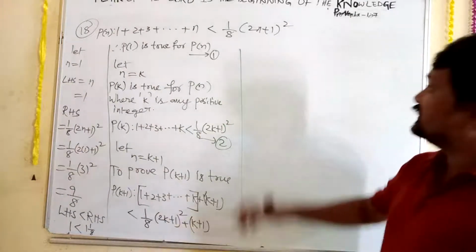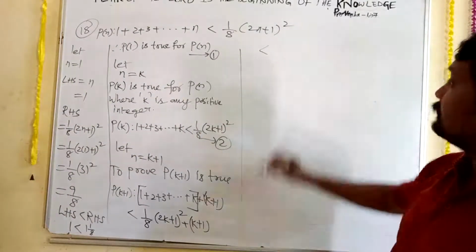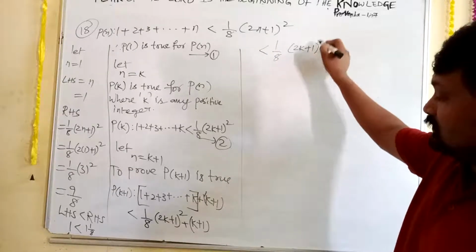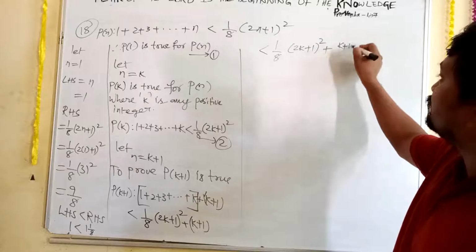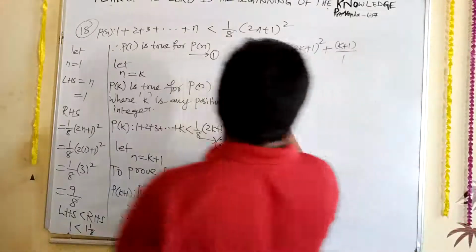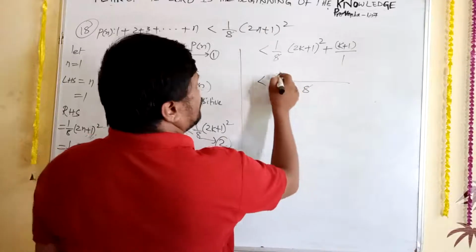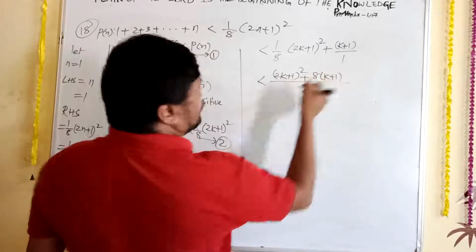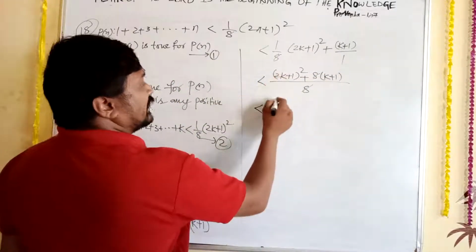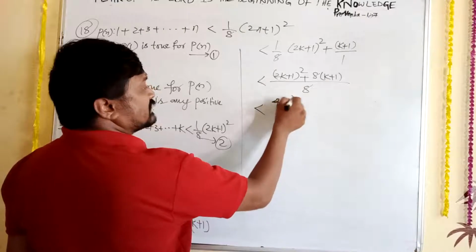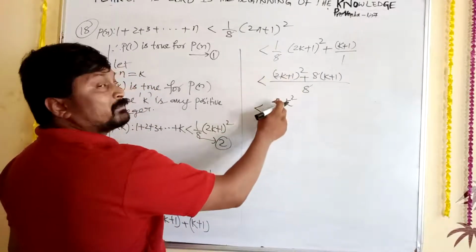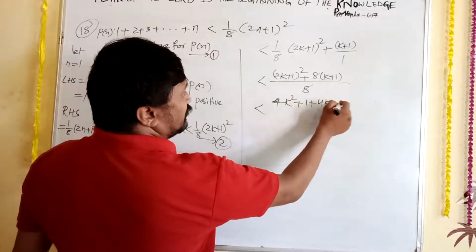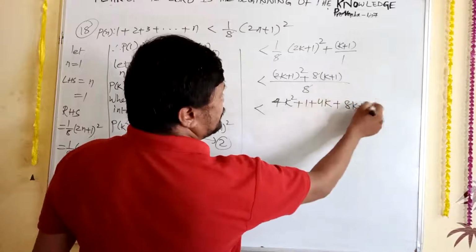So whatever the possibilities are there, let me check. Less than 1 upon 8, (2k plus 1) whole square plus (k plus 1) upon 1. Then we can take the LCM. LCM is 8. (2k plus 1) whole square plus 8 into (k plus 1). Then simplify again. (2k) whole square means 4k square, just the (a plus b) whole square formula. A square means 4k square, plus b square is 1, plus 2 into 2k into 1 is 4k, plus 8k plus 8, upon 8.